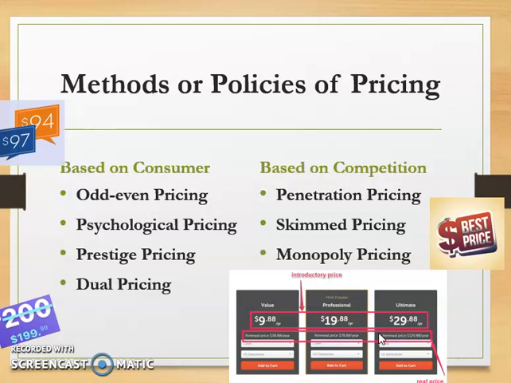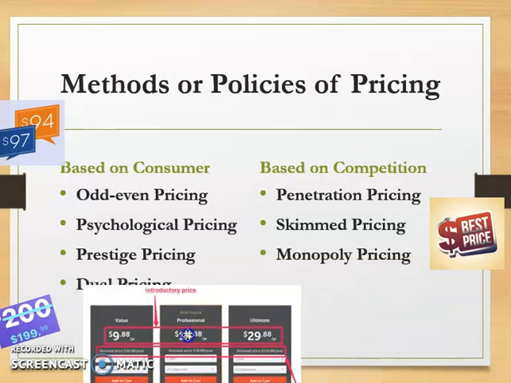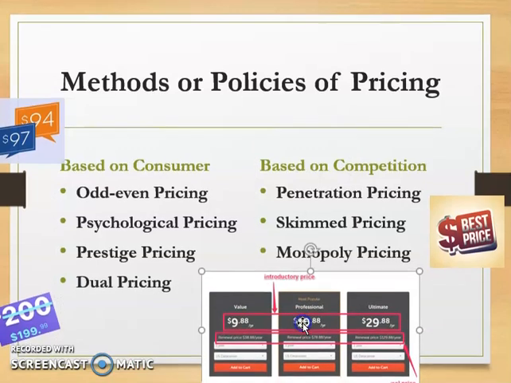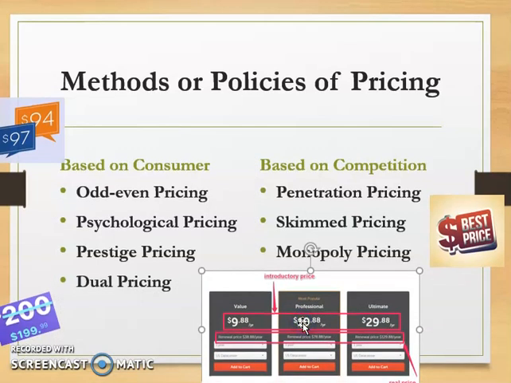Okay, then the next one is monopoly pricing. Monopoly pricing is when you are trying to reach more consumers and maximize the profit. Where there is no need to worry about the competition, usually the monopoly price will be higher than the price where competition exists.